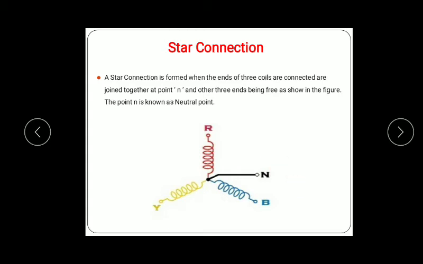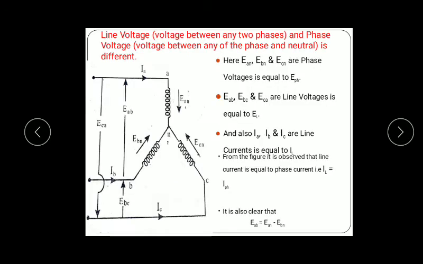Next, we have an important derivation on this star connection which is very important for your main exam. This is your star connection, connected to a 3-phase supply. Let us understand what line voltage and phase voltage are.